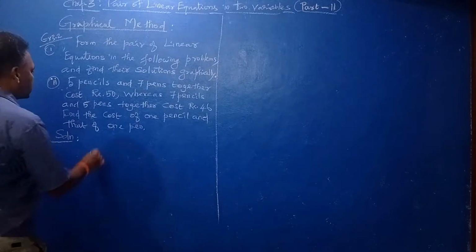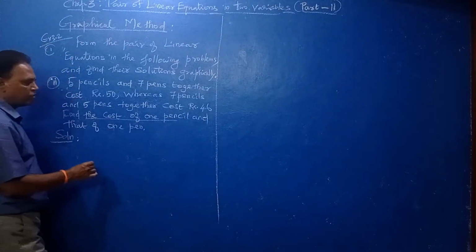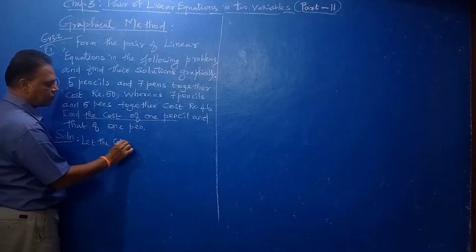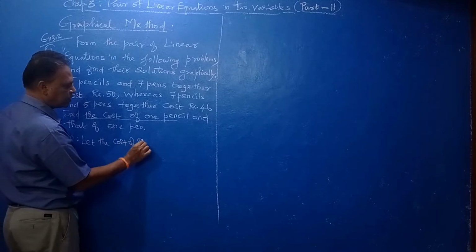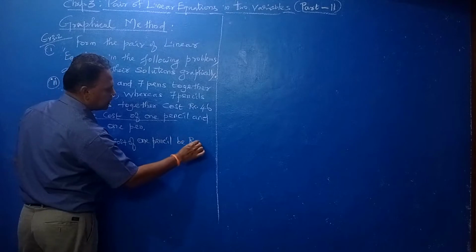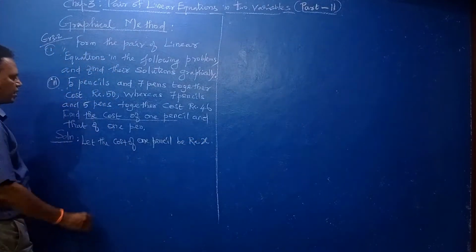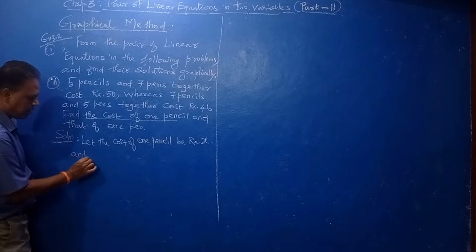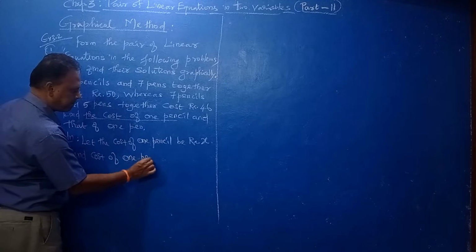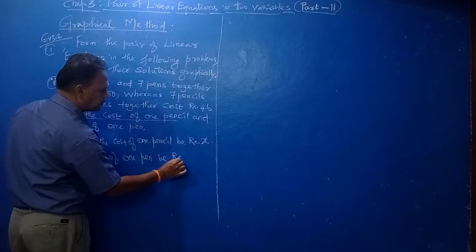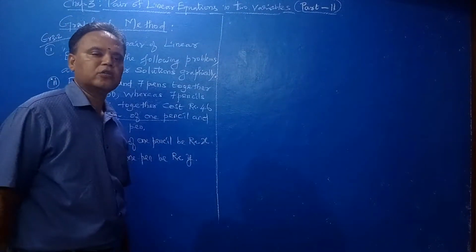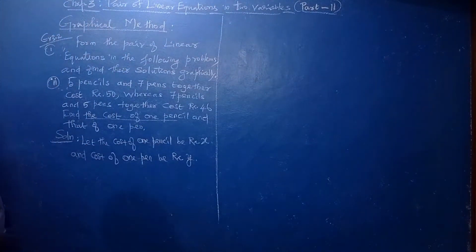So first you assume the cost of 1 pencil be rupees X and the cost of 1 pen be rupees Y. We don't know the actual cost of 1 pencil and 1 pen, so just assume that. Now you come to the statement.